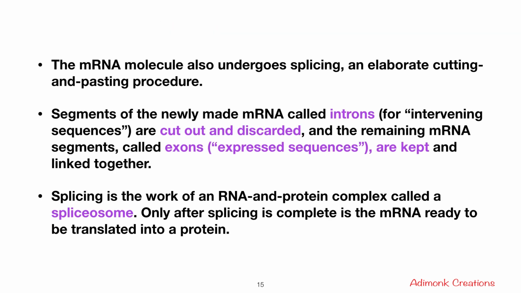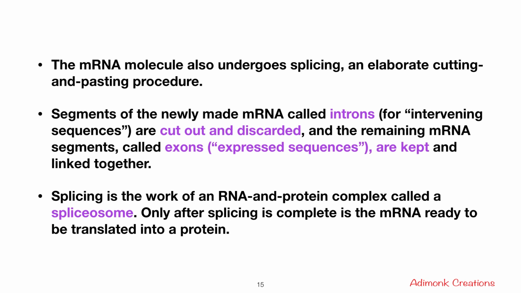So the mRNA molecule also undergoes a process known as splicing, which is an elaborate cutting and pasting procedure. So the segments of the newly made mRNA called introns are cut out and discarded, and the remaining mRNA segments, which consist only of exons, which are the expressed sequences, are kept and linked together.